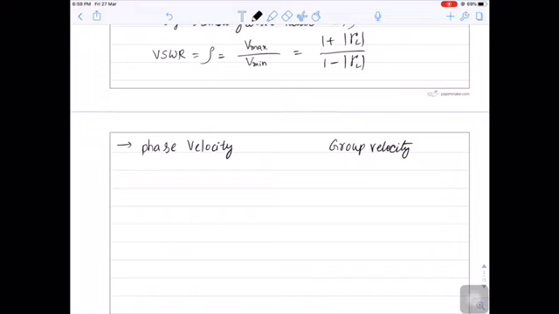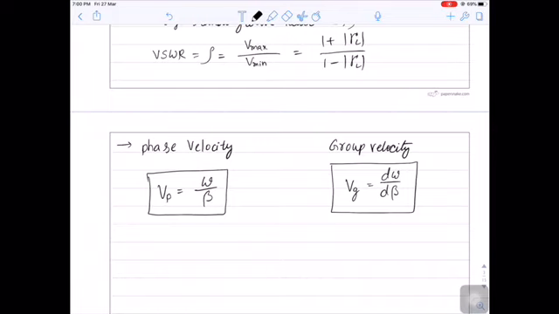In a simple way, the phase velocity is represented with V suffix p, that is equal to omega by beta, and this is calculated for a single frequency only. Whereas in the same transmission line, if multiple frequencies are traveling, then we calculate the group velocity represented with Vg, that is equal to change in angular velocity to the change in phase constant.